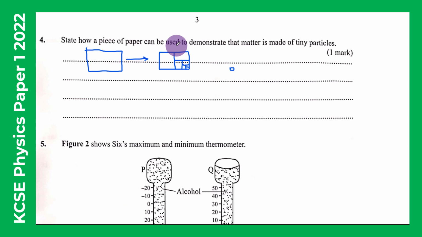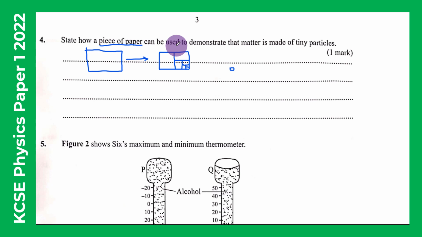If you take a piece of chalk, for example, you're able to repeat this process until you come to a very tiny particle which cannot be split any further. So the idea of taking a pair of scissors here, because we are dealing with a piece of paper, you'll have to talk about using a pair of scissors or using a scalpel.